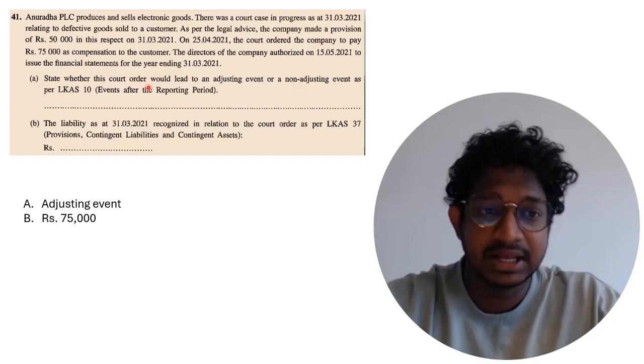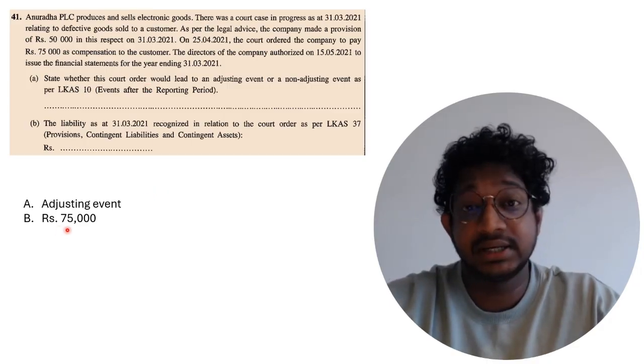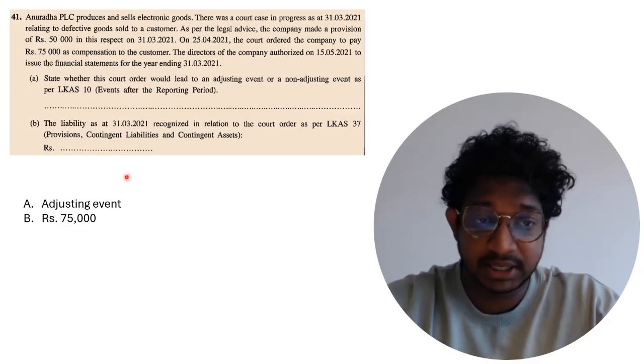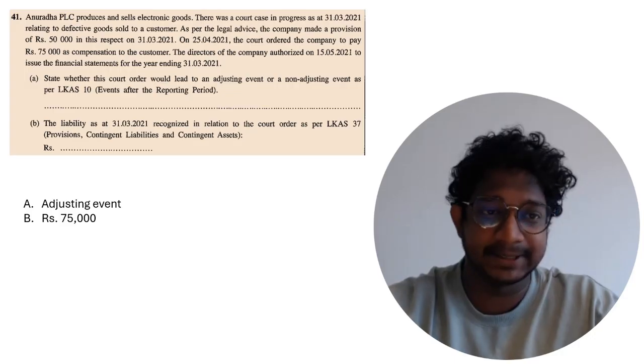So you can adjust that. And the provision that you have to make is 75,000, right? So that is answer number B.